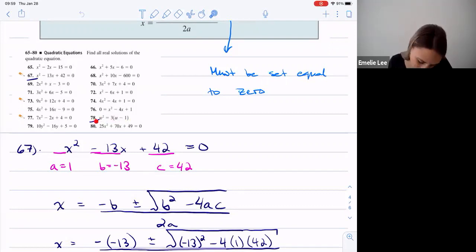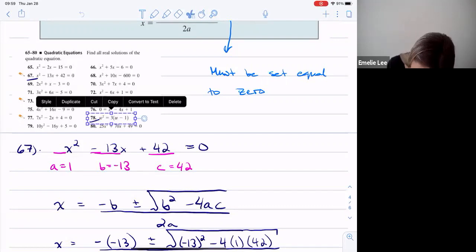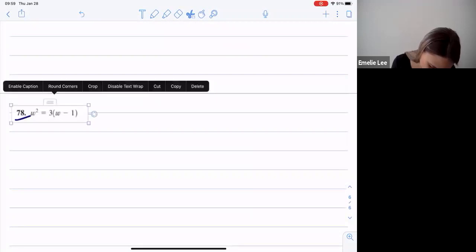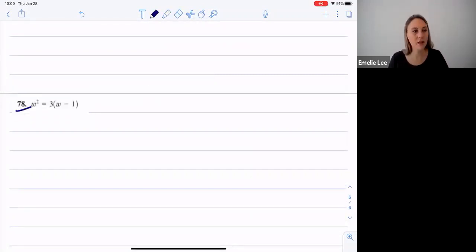Okay, so let's do 78, and I'm gonna have to copy so I can bring it down here. I'll put it on a fresh page here.